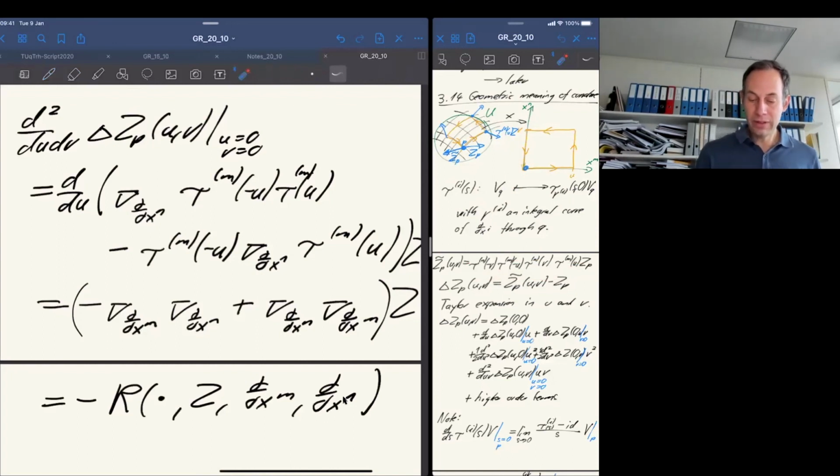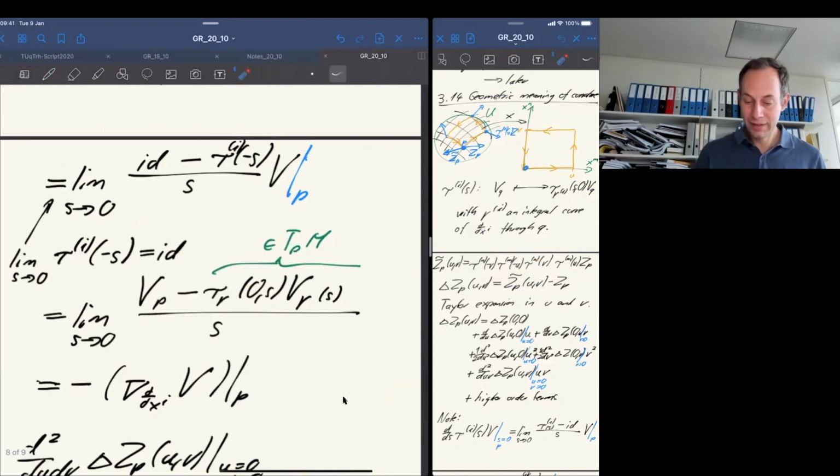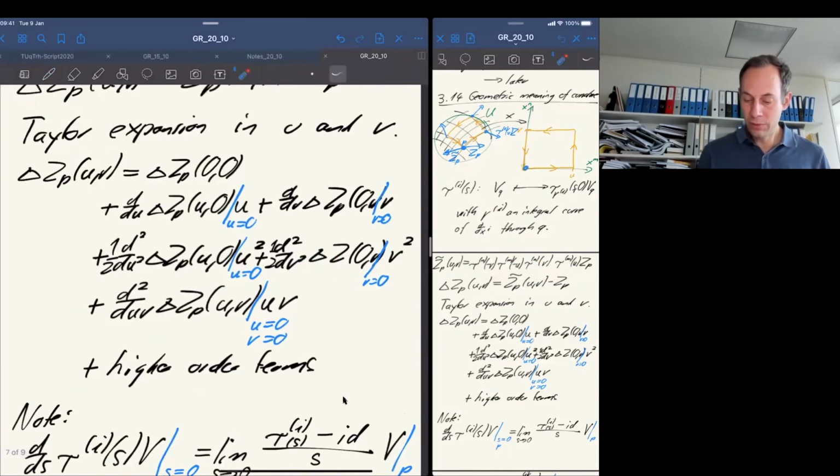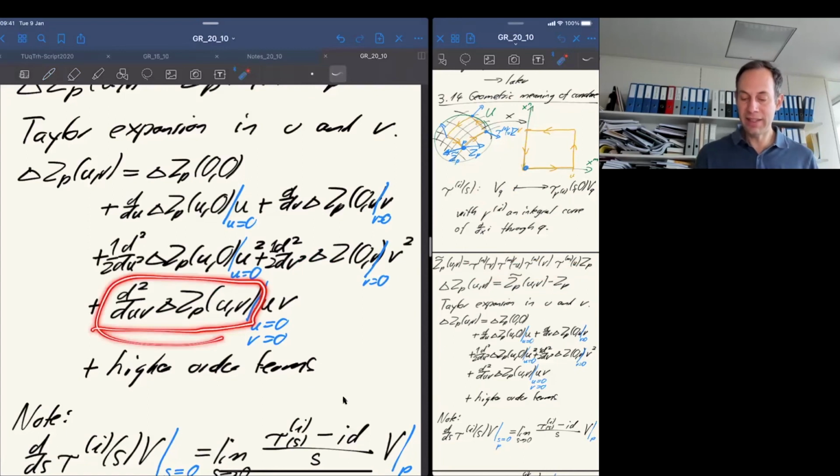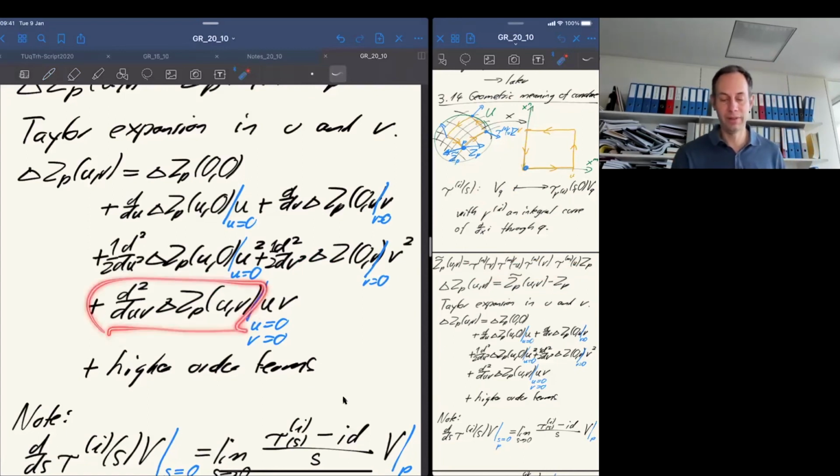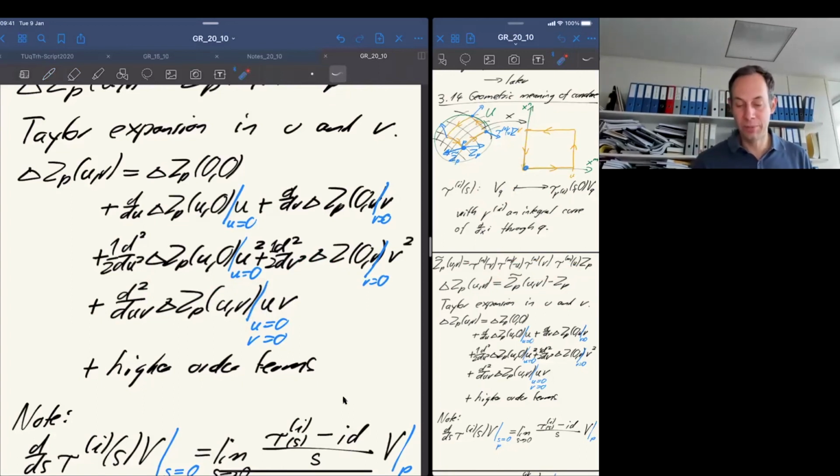In other words, what we have found is that the only term that survives is this one, but this term is exactly the curvature, with the set put in as an argument. And this whole thing, by the way, is still multiplied with u and v. So the statement we conclude is the following.